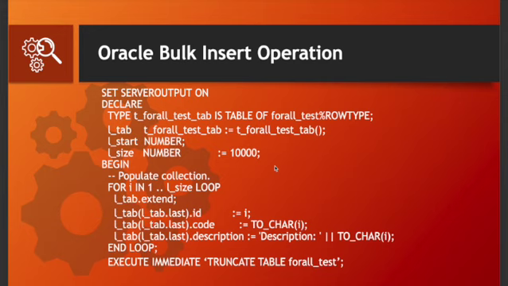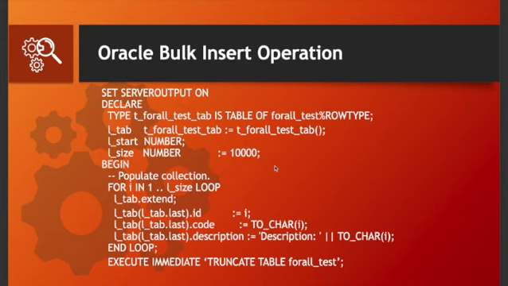Extend and populate the collection to the desired size. Time regular inserts: loop through the collection, performing a separate insert for each row and display the time taken to complete the loop.